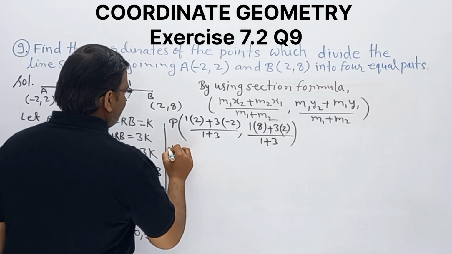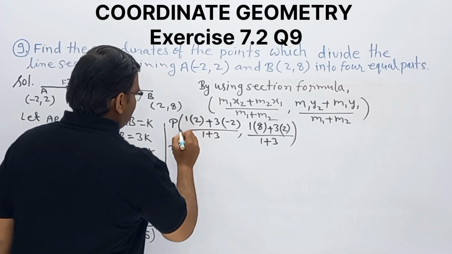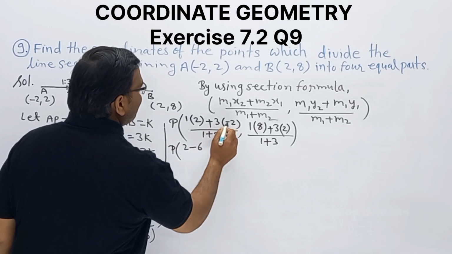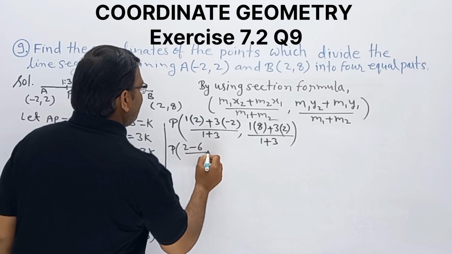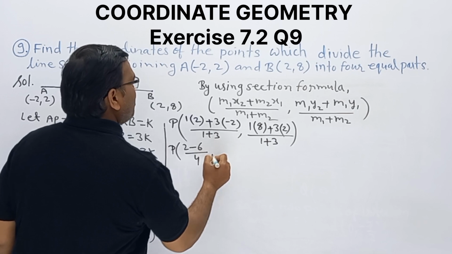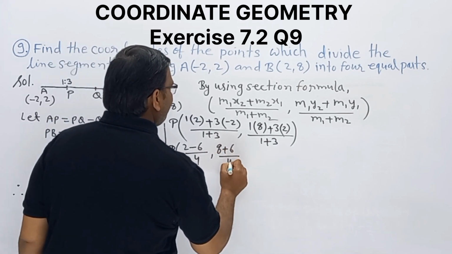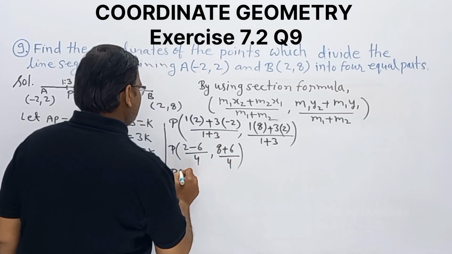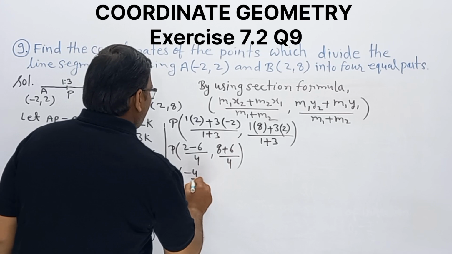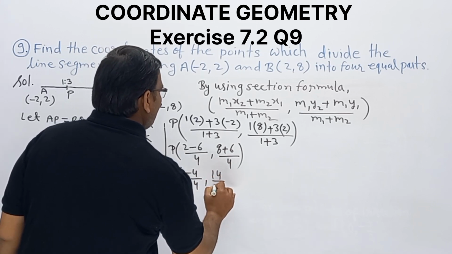Solve. Then the coordinates of P will be 2 plus minus 6, since 3 into minus 2 is minus 6, divided by 4, comma 8 plus 6 divided by 4. Solving, minus 4 upon 4, comma 14 upon 4.